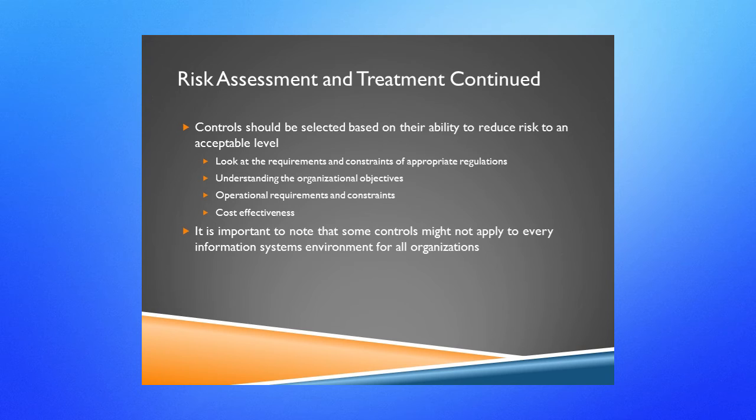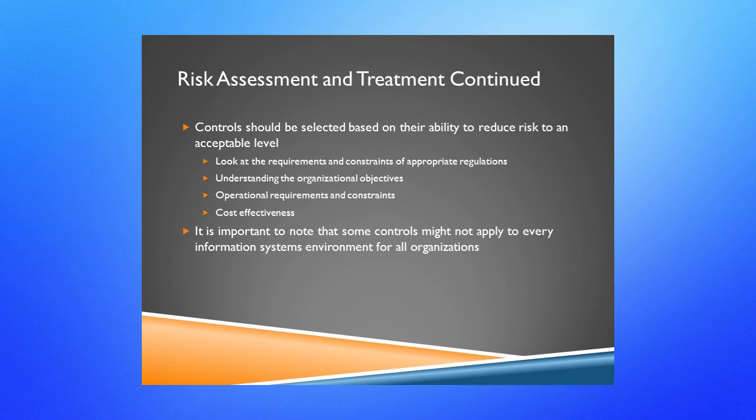And of course, it comes down to cost effectiveness. Do I want to spend $1 million to reduce my risk by $100,000? Right? And again, I'm just throwing out numbers. But you understand the idea: is the reduction worth the cost of the control? Now, remember that some controls might not apply to every information system environment for all organizations.